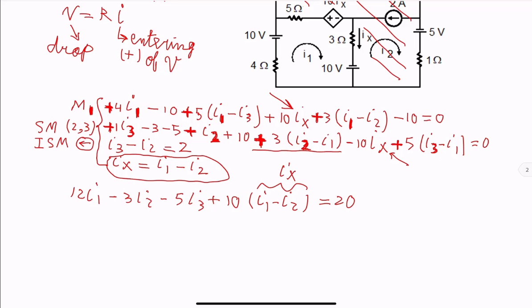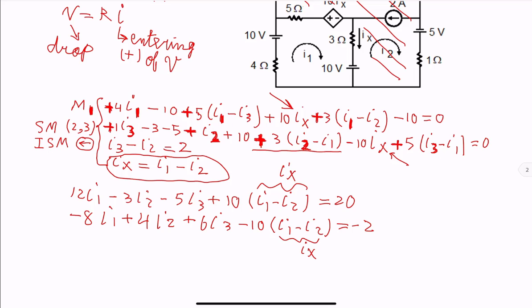Simplify the second equation. We end up with negative 8i1 plus 4i2 plus 6i3 minus 10ix, I1 minus I2, equal to negative 2. So again, we have substituted for ix here. And last equation doesn't change. Let's just write it as I3 equal to 2 plus I2.